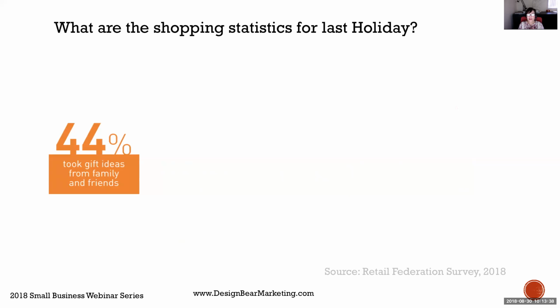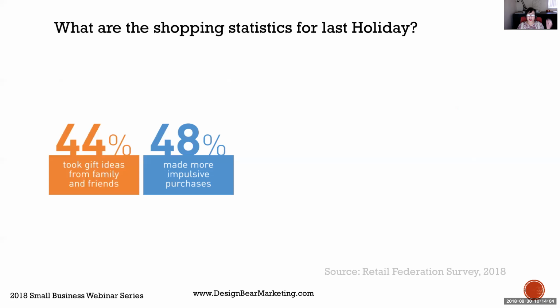So this is sort of a loaded statistic, because that means, well, yeah, we're sitting around the kitchen table and we're sharing. But it also means, hey, my sister shared a post on her Facebook for this cool mug, right? So I'm still saying my sister gave me that, but it came to me digitally. So always keep that in mind. Yes, we do talk to people and we do get ideas, but we sort of confirm it through digital.